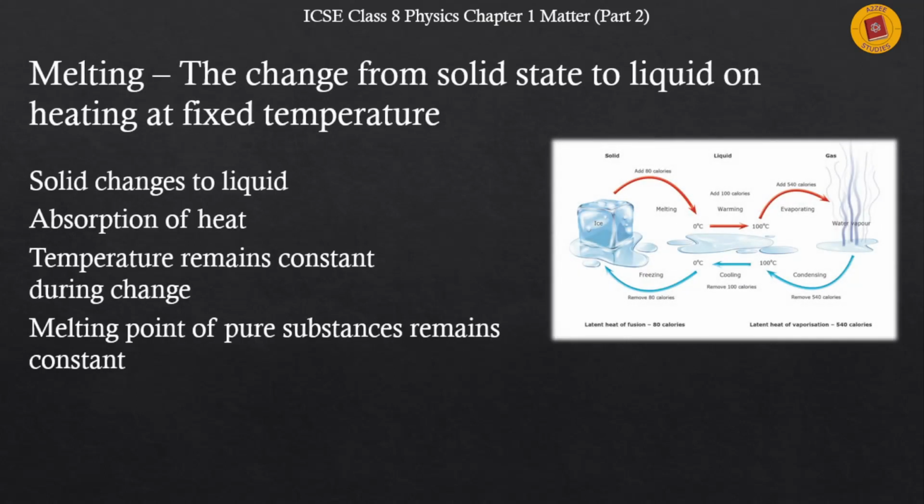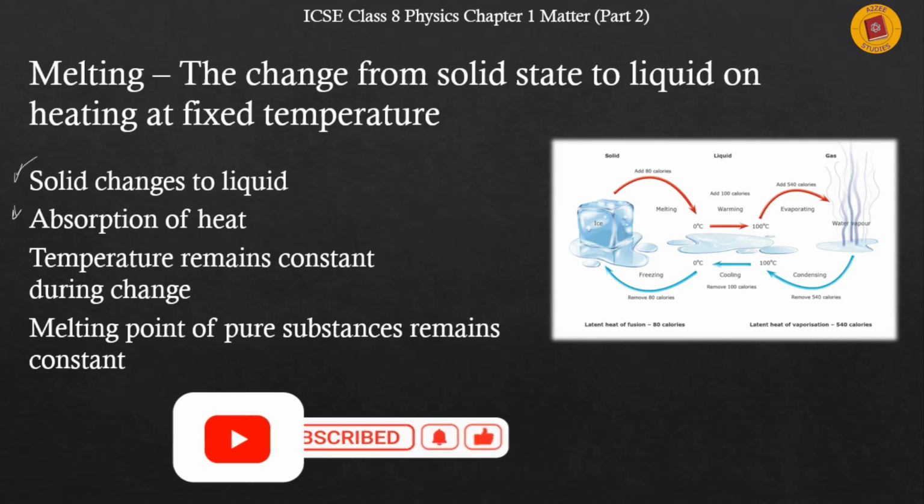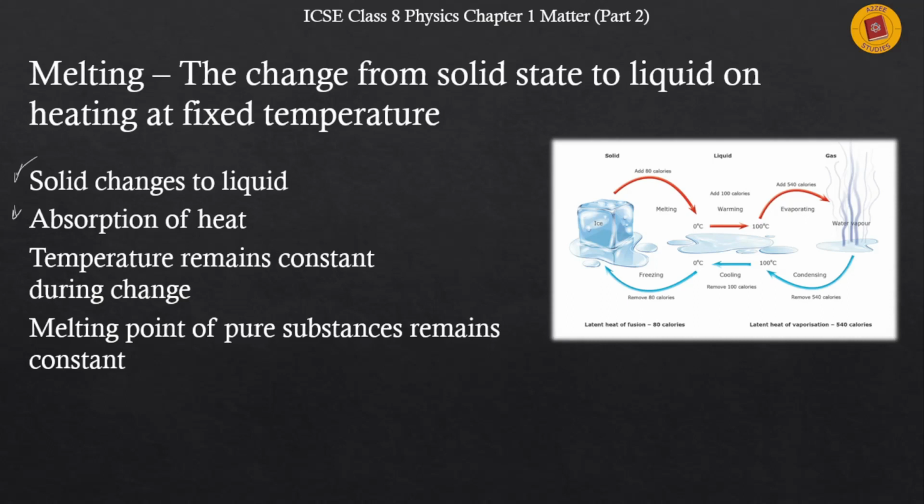Now let's study the properties of the changes one by one. Melting, the definition we have studied: the change from solid state to liquid state on heating at a fixed temperature. Solid changes to liquid, this is the first criterion of course. Absorption of heat. So solid changes to liquid when we apply heat to it.